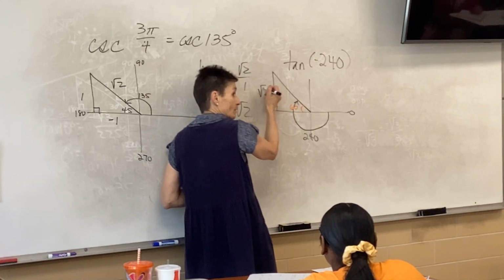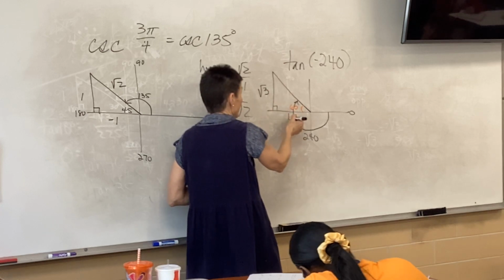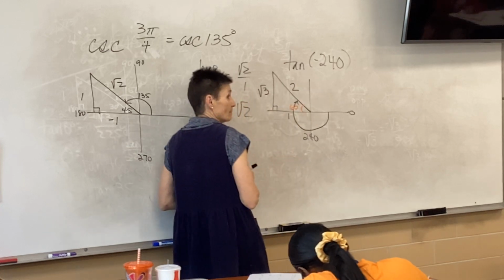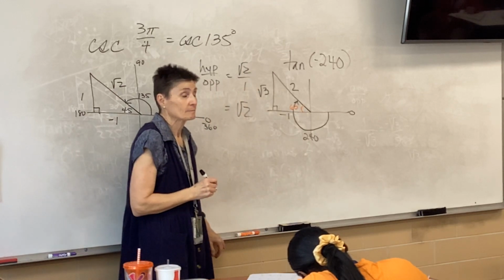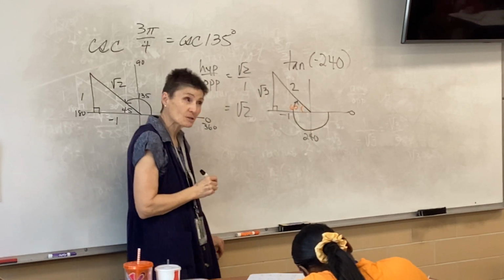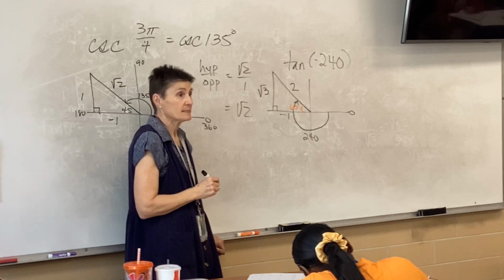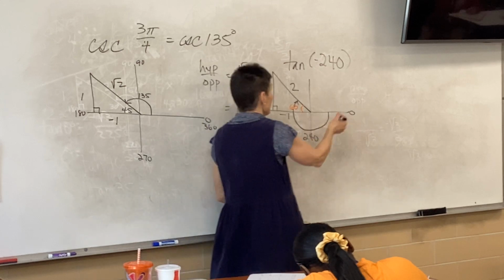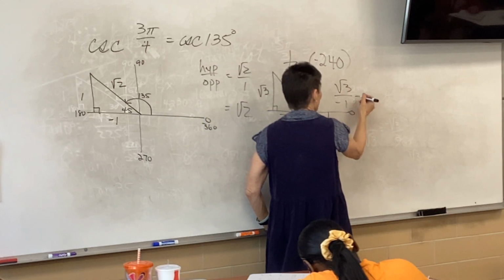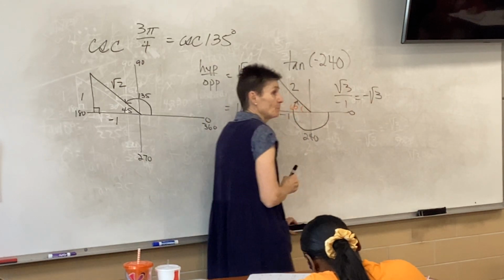This one's root 3, 1, 2. Bottom one's still negative. I want the tangent. Tangent is opposite over adjacent. So that's root 3 over negative 1, which is negative root 3.